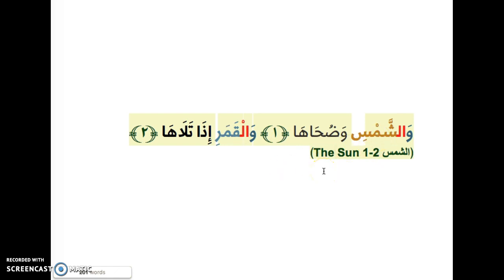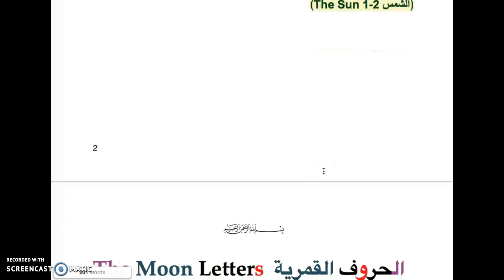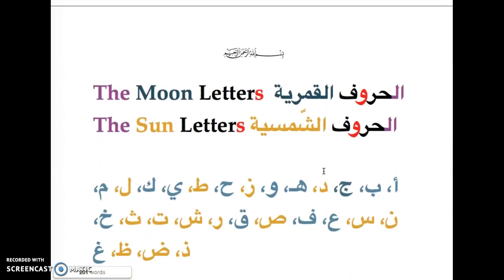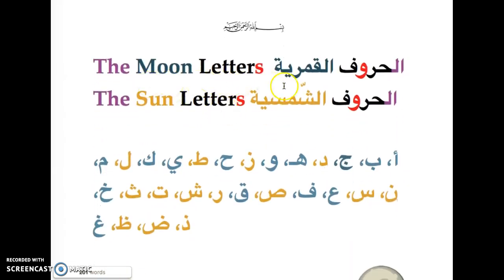And incidentally, they're equal, and we'll get to that right here. So we have the moon letters and the sun letters. Al-huruf al-qamariyya, al-huruf al-shamsiyya. As you remember, this is our 28 set of letters.